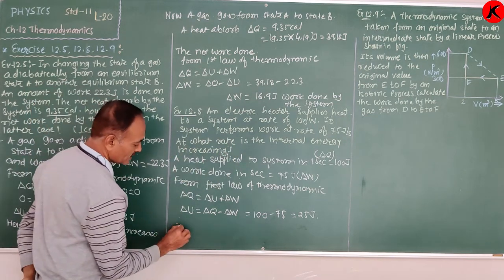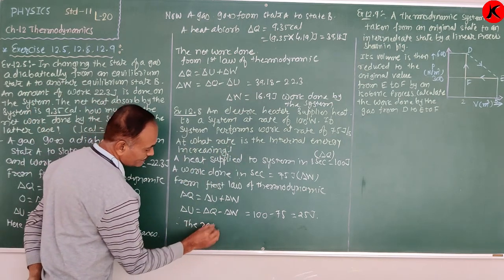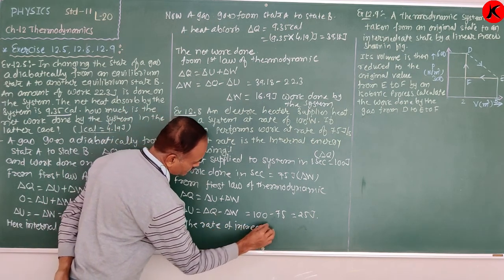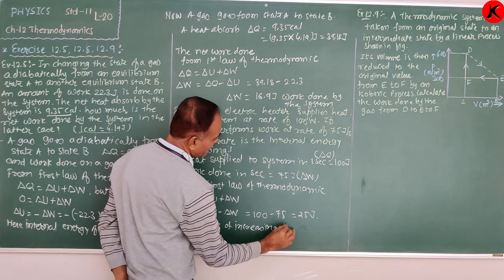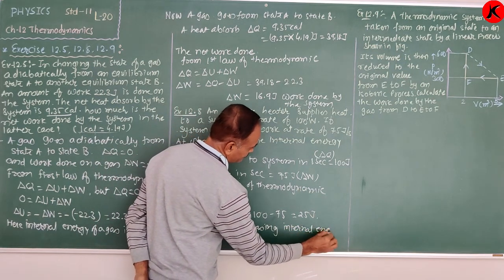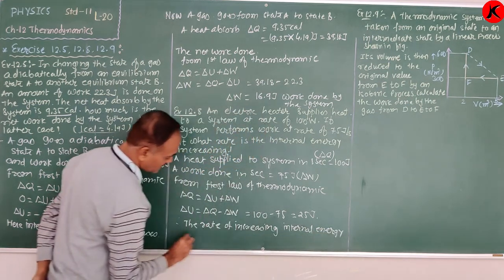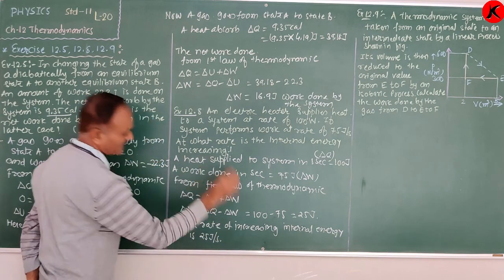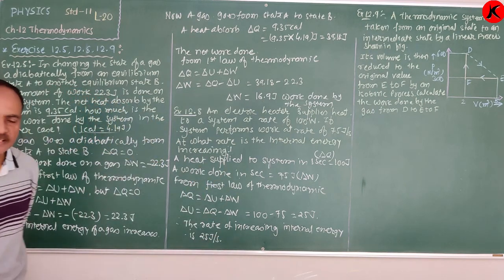Therefore, the rate of increasing internal energy is 25 joule per second. Very easy numerical here.